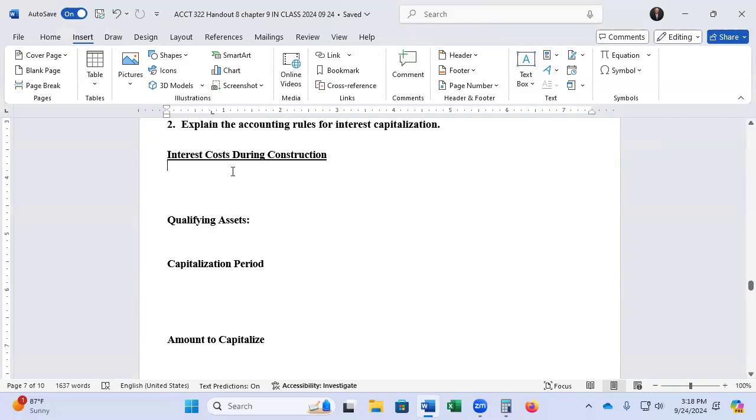So interest costs during construction: capitalize interest costs incurred in connection with construction in progress.